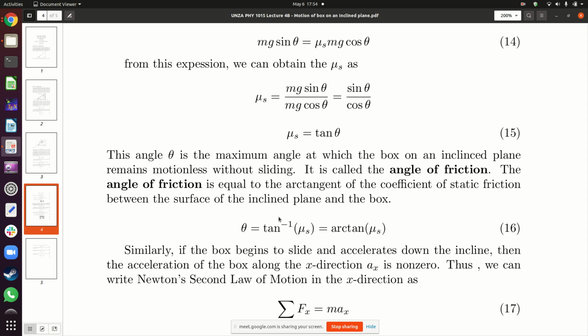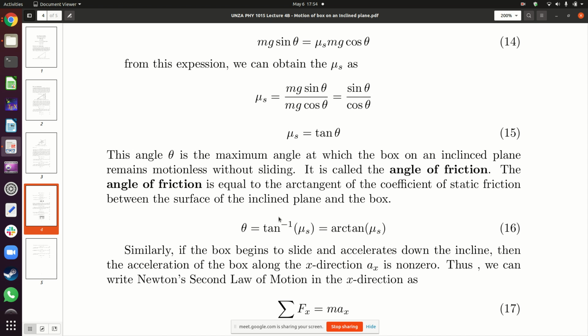Usually the kinetic one is calculated by moving the object. You pull an object with a known force, but you make sure that the object is moving at constant velocity.